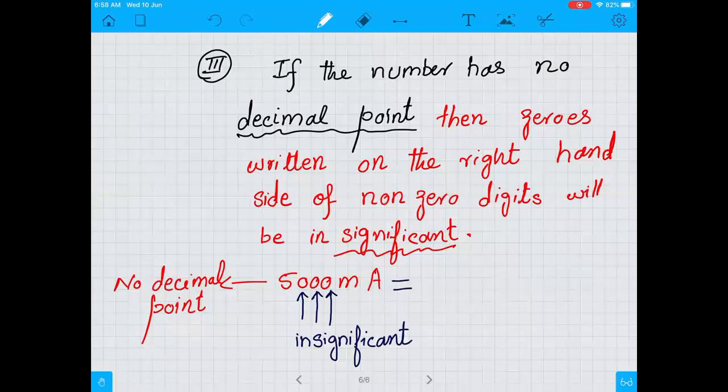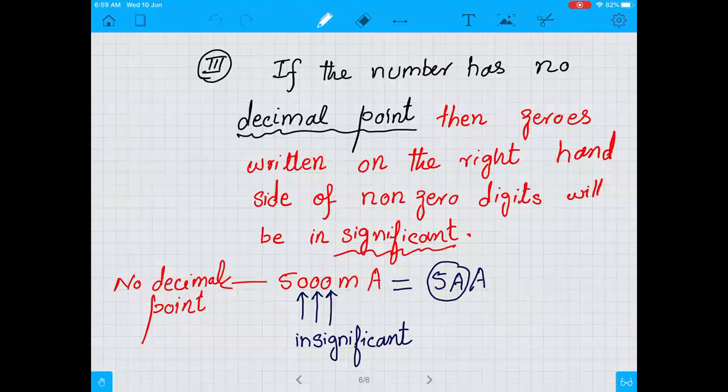Now if you convert the unit to ampere, then this current would become 5 ampere. So these zeros which are on the right of a number are insignificant because the number has no decimal point. So if you write zeros on the right of a number without putting a decimal point, then the zeros are insignificant.